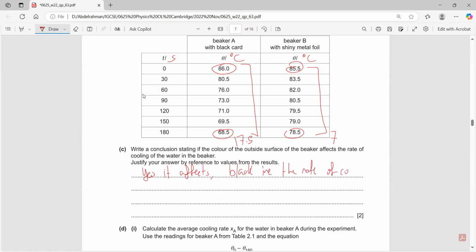And then we need to state the numbers. With the black card, it was 86 minus 68.5, which is 17.5 degrees Celsius. And for the shiny metal, it was 85.5 minus 78.5, which is 7 degrees Celsius.